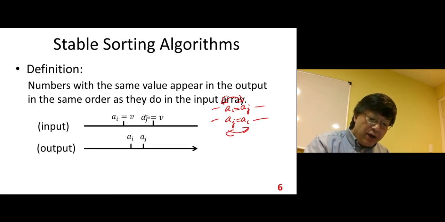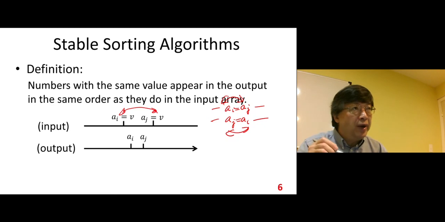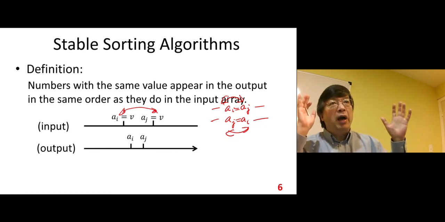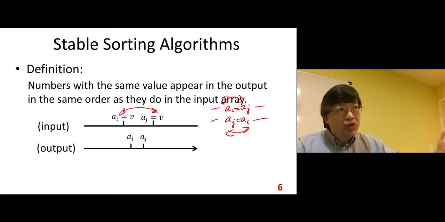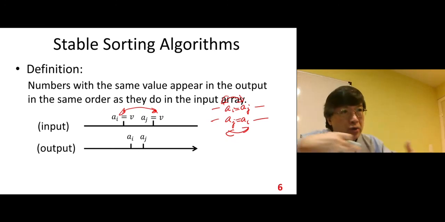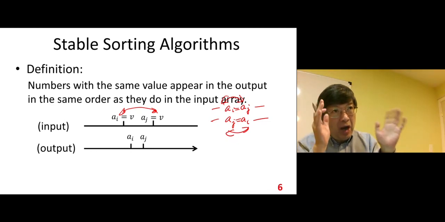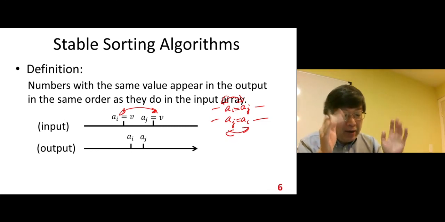Suppose we have two elements with the same values in the original array. Then we apply a sorting algorithm on it, so you get a whole array sorted. But in your sorted array, check the elements again.